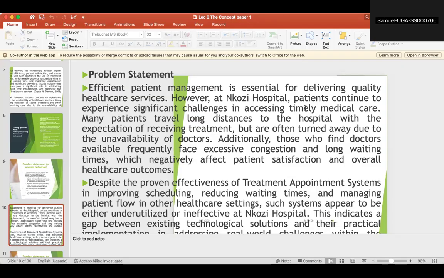So you realize that people travel longer distances only to be disappointed that the gynecologist they had come to see is not available today. You get it? Meaning that now there is going to be a delay in the service delivery. So this challenge is existing.